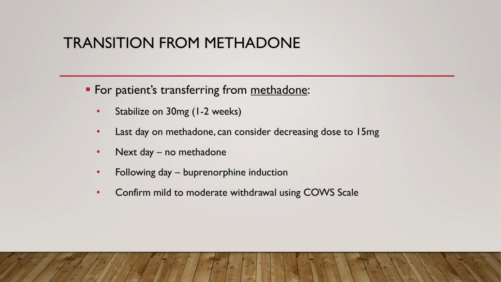So this can be really difficult for patients to do. I've only probably done this a couple of times, and it's hard for them to do that. Some of these patients may be better suited to go to a methadone clinic, but it can be done. It's a little more time intensive and tricky to switch them from methadone.